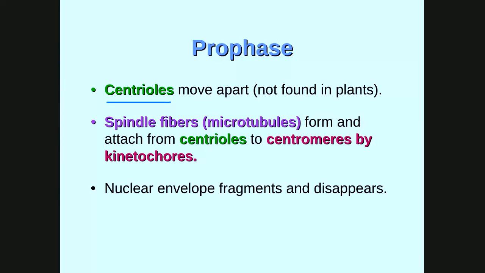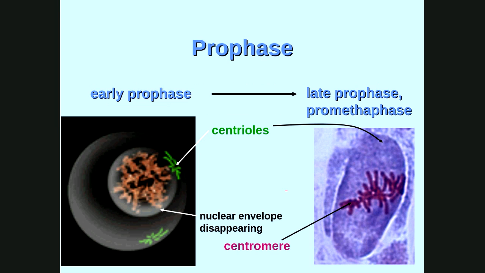So there is no nuclear membrane now during the prophase stage. There are three things happening in the prophase stage. Number one, the nucleolus disappears. Number two, centrioles move apart and combine with the centromere with the help of the kinetochore. And number three, the nuclear membrane disappears completely. Here you can observe these three things.